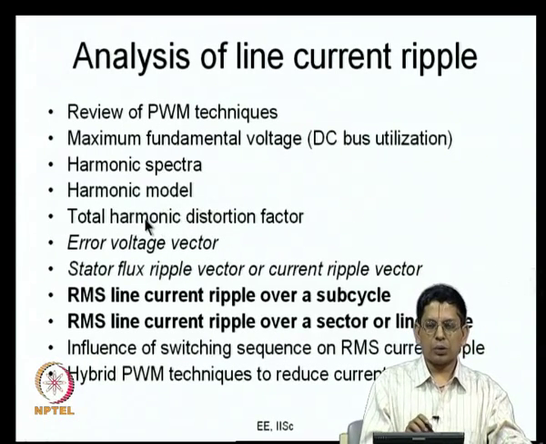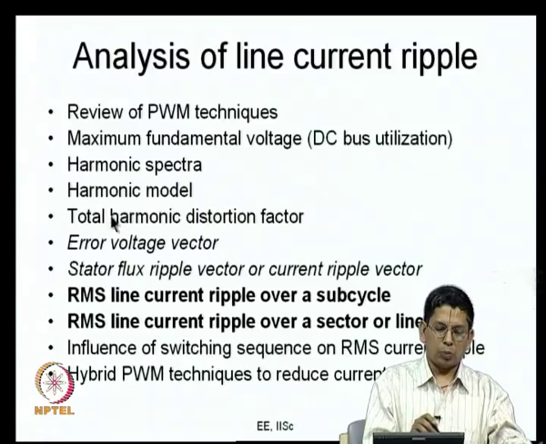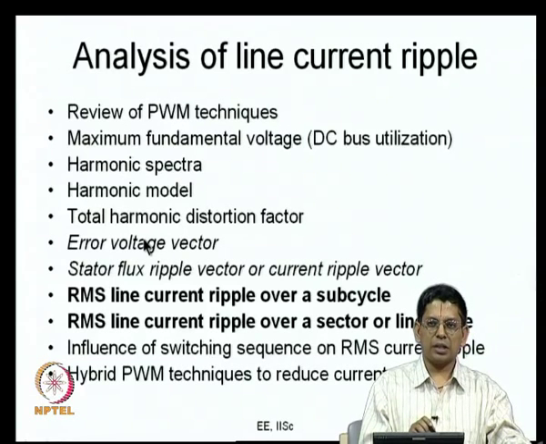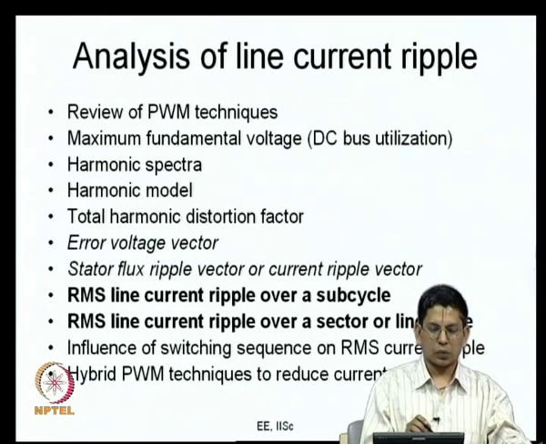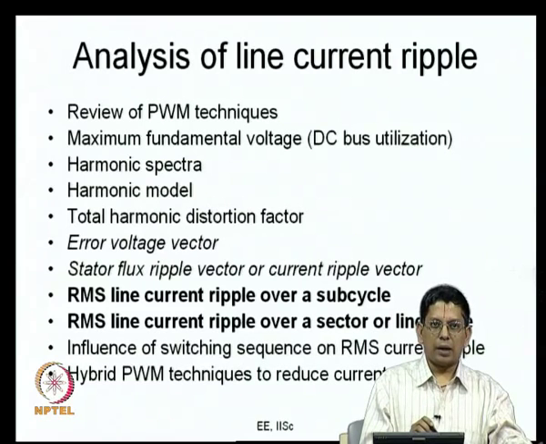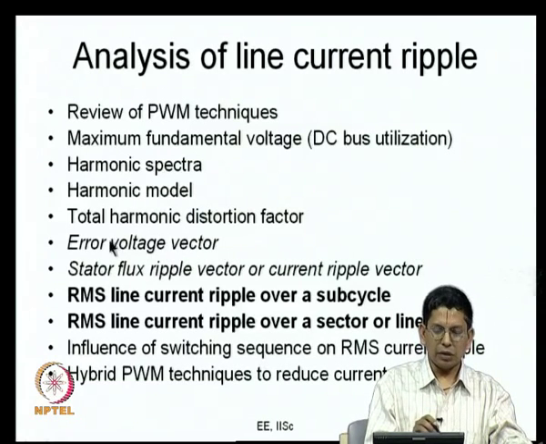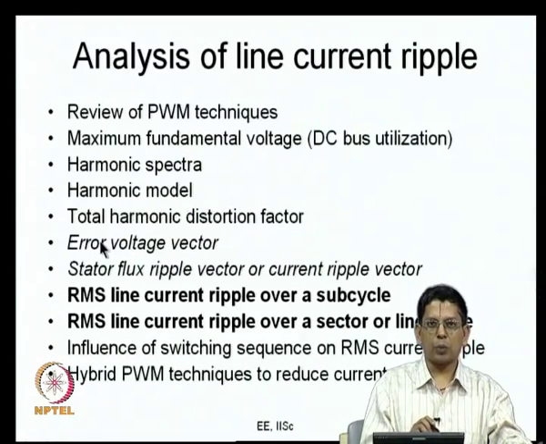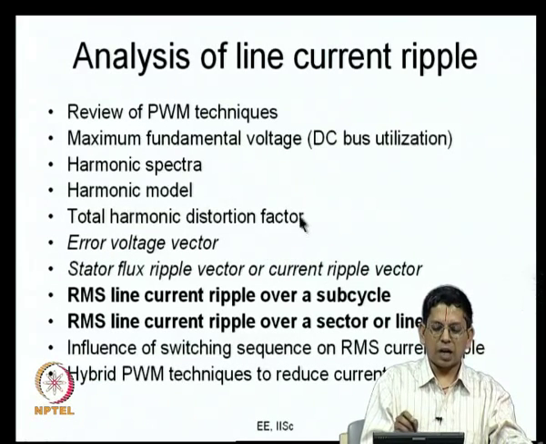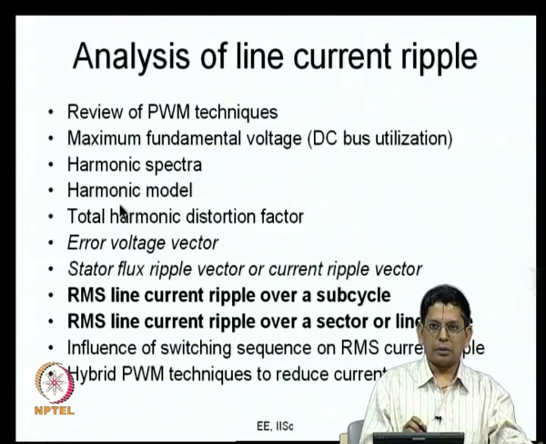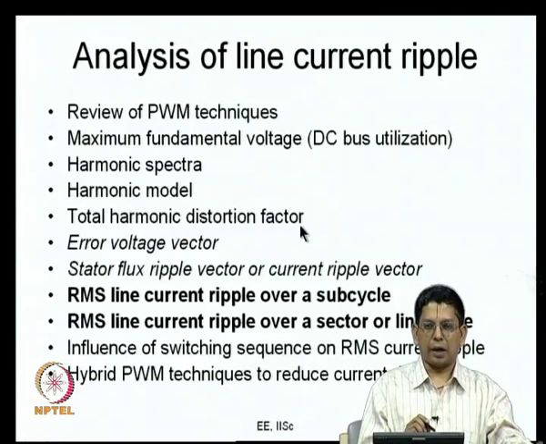As you can quickly recollect, for an induction motor drive, the harmonic voltages see the induction motor as its leakage inductance. So, that is the harmonic model. Then this is a measure of the waveform quality. We looked at the total harmonic distortion factor, which is basically the RMS current ripple divided by the fundamental current.